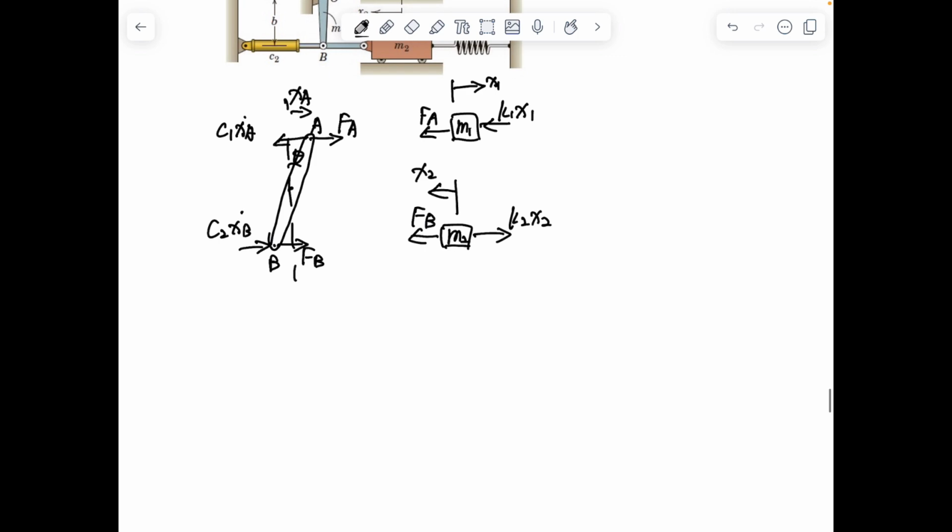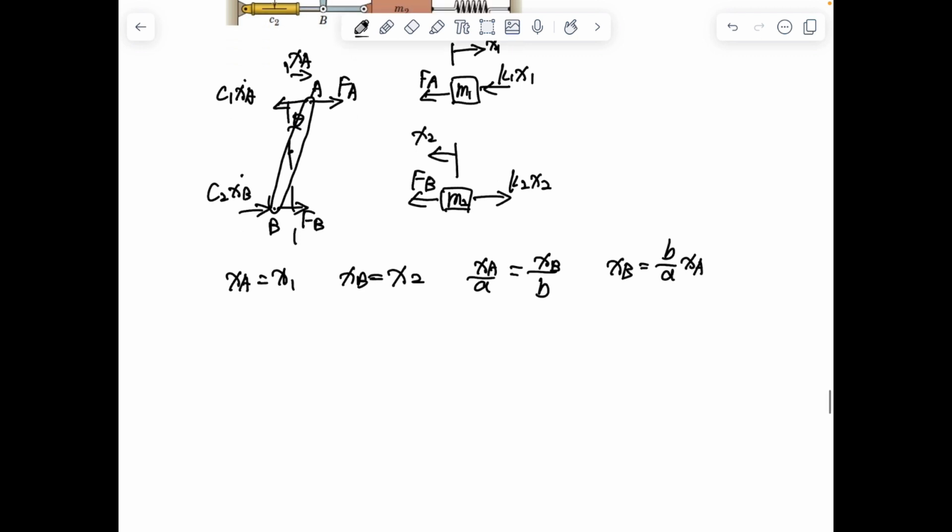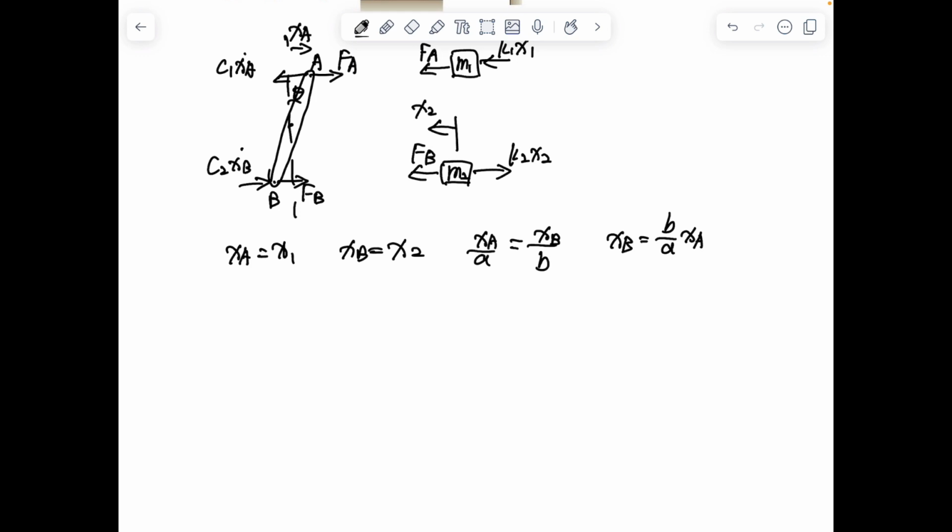So we have xa is equal to x1 and xb is equal to x2. So xa over a is equal to xb over b. So xb is equal to b over a times xa. Also x2 is equal to b over a times x1.